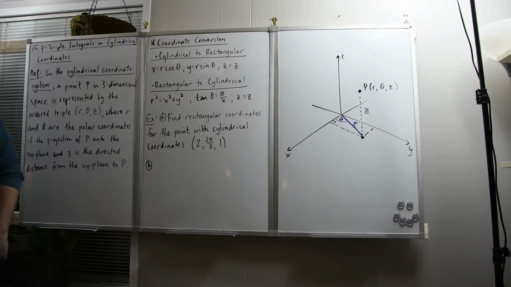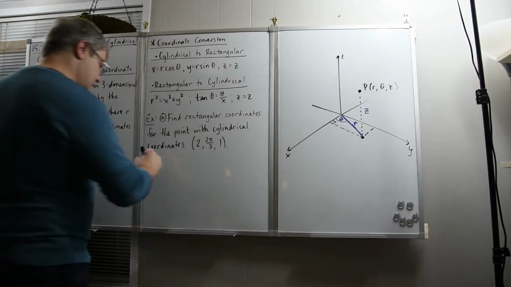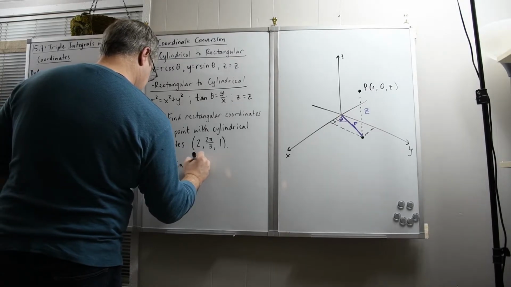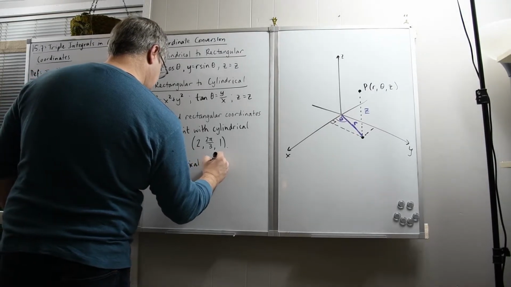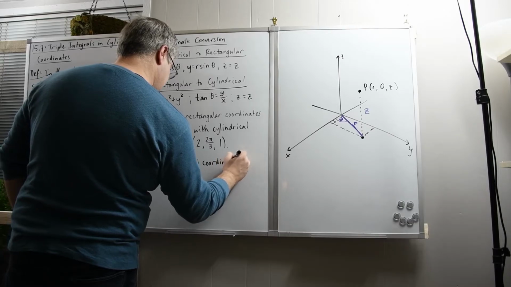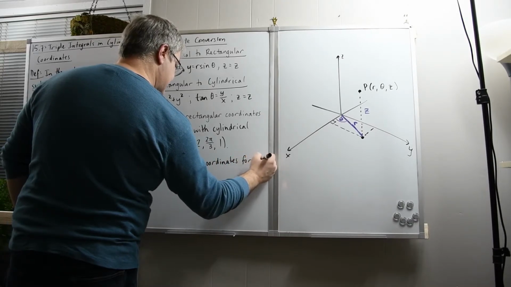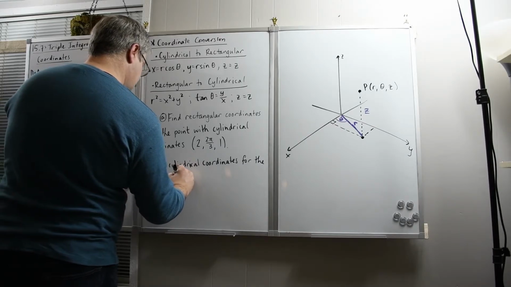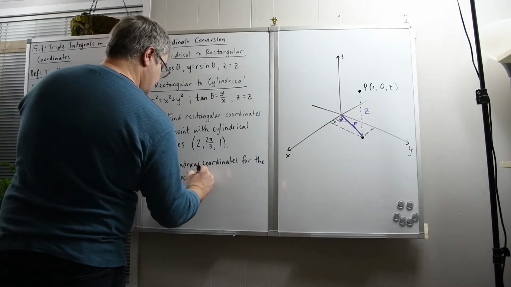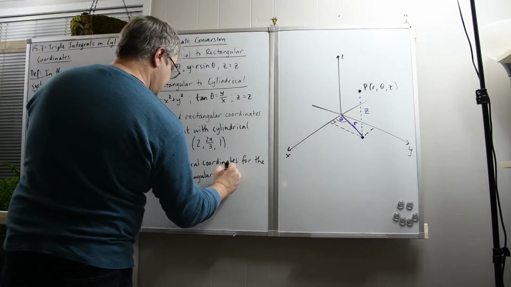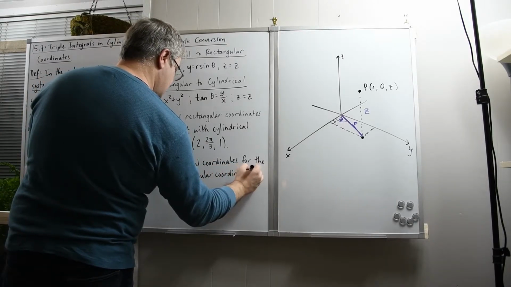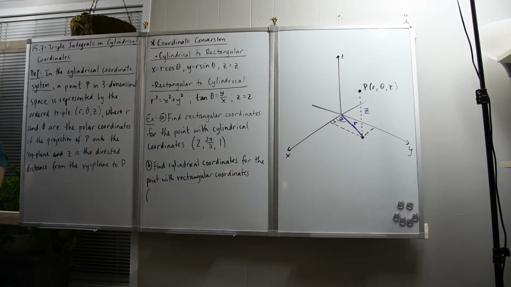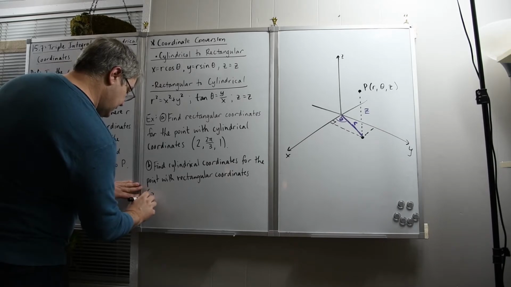Now in part B, we're going to find cylindrical coordinates for the point with rectangular coordinates 3, -3, and -7.